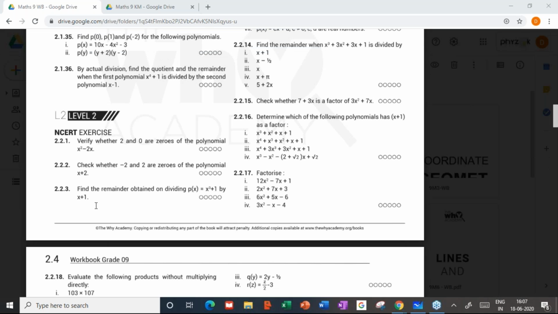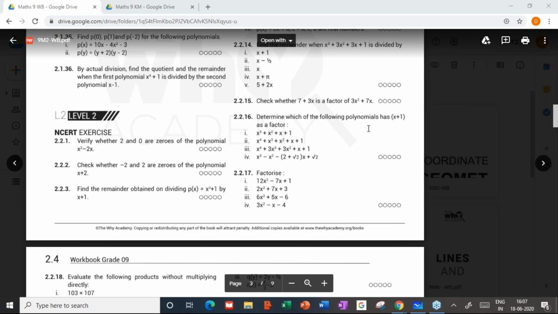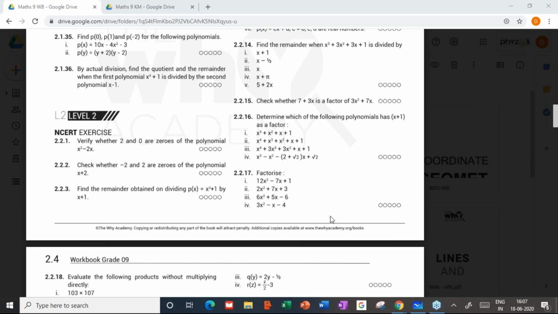It's 2.2.3 in case you have your workbooks. Awesome. Arav, Puneet. Anirban, how did you get that? Atharva, Aditya. Awesome. I see you've got a hang of this method. Nice.